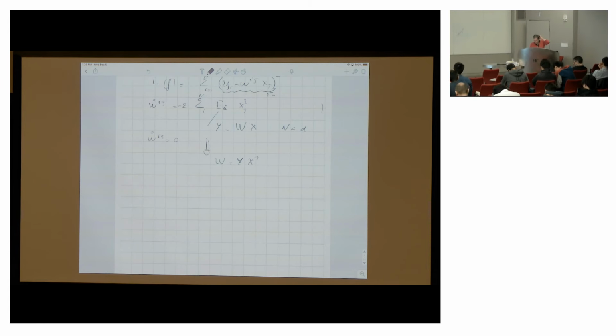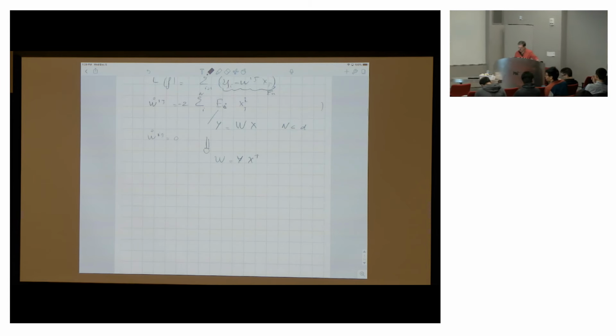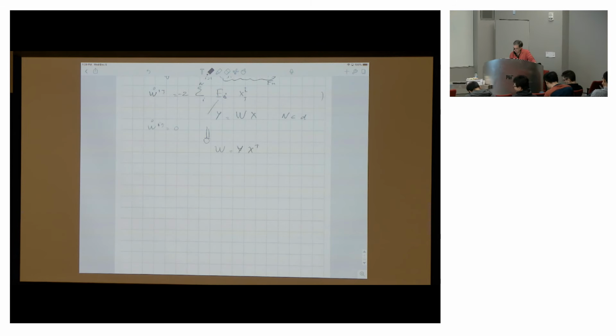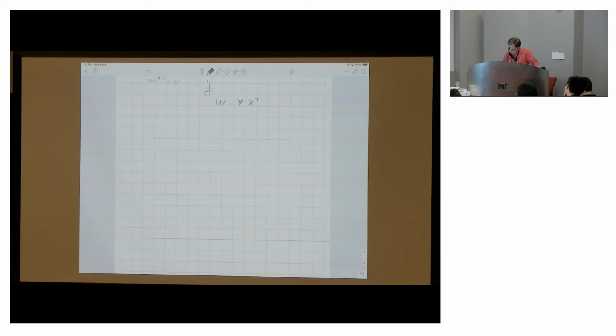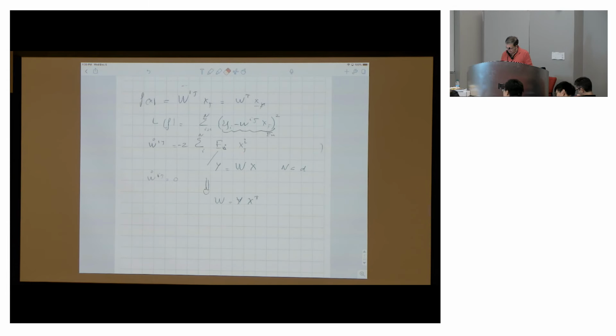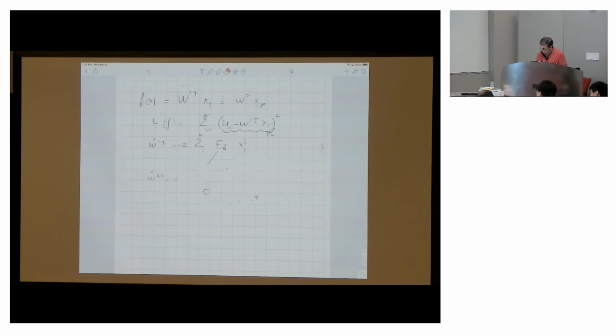We can look just at the Hessian of L, in this particular case in which you have over-parameterization.